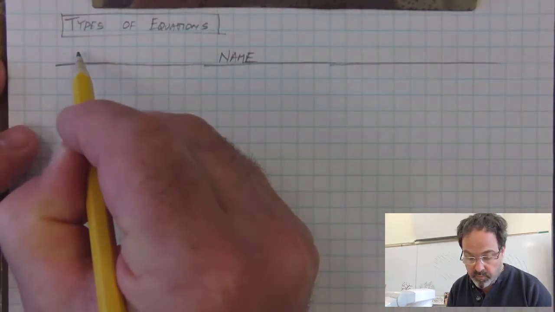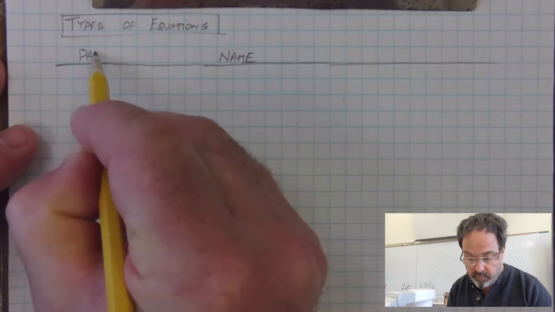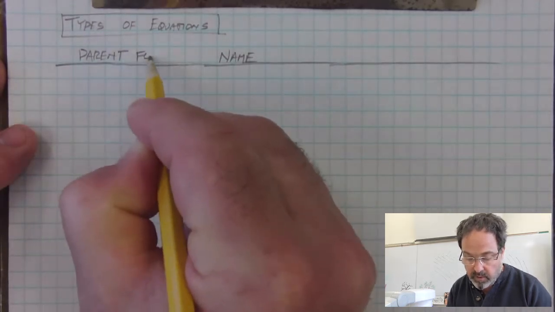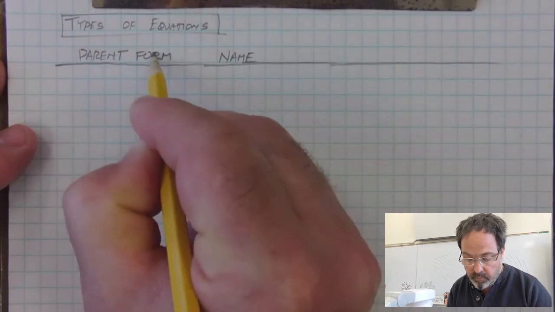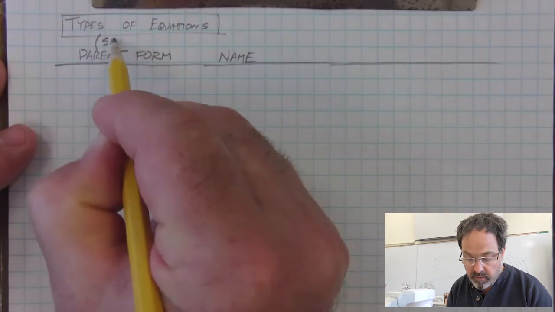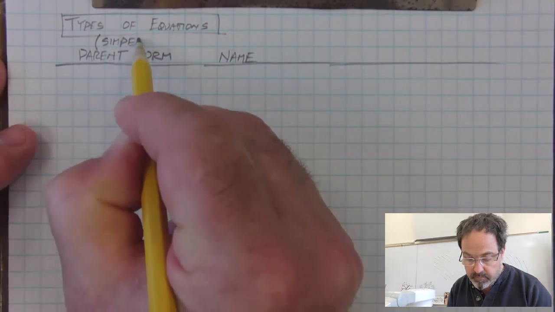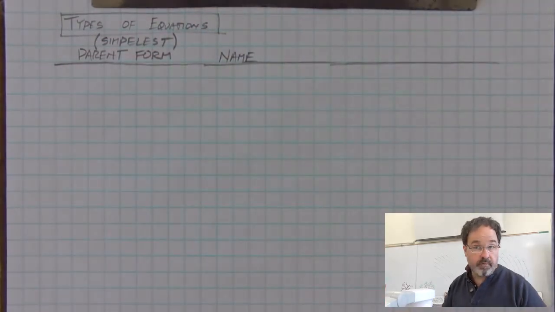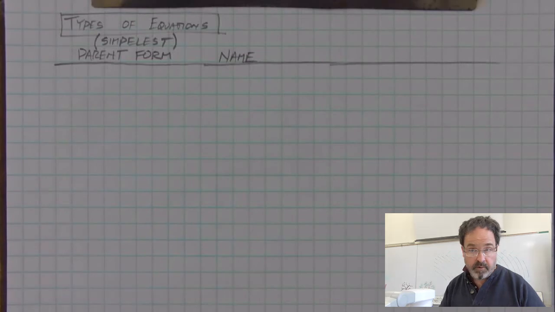We're also going to put the form, the parent form, of each type of equation. And what we mean by parent form is the simplest equation of its type. So we're going to have families of equations, and the simplest in that family is called the parent form.